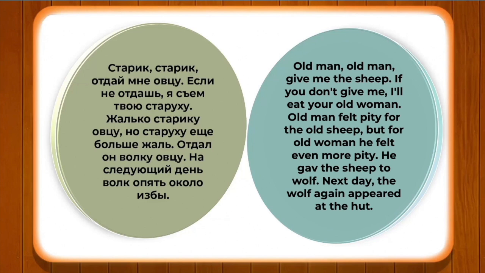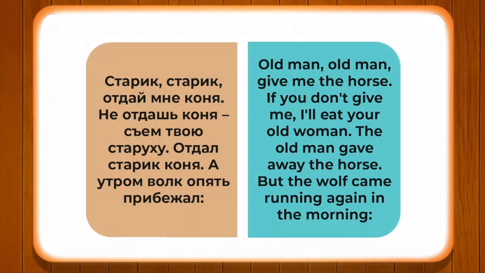Next day, the wolf again appeared at the hut and says, "Old man, give me the horse. If you don't give me, I will eat your wife." The old man gave away the horse, but the wolf came running again in the morning.